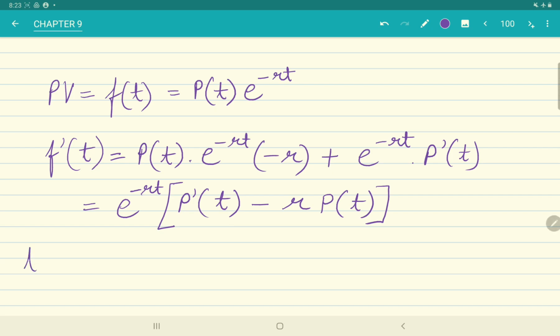Please keep in mind that t star, the time when the present discounted value is maximum, is obviously going to be greater than 0. It is time after all, it can't be negative. So the necessary condition here is this.